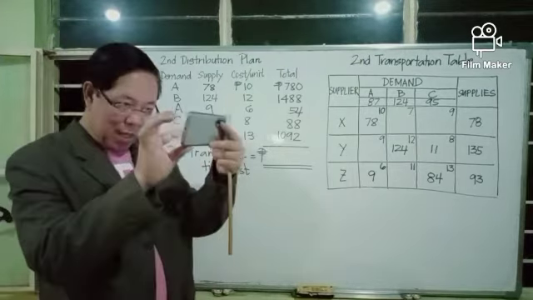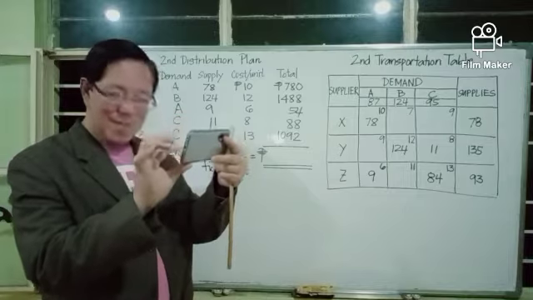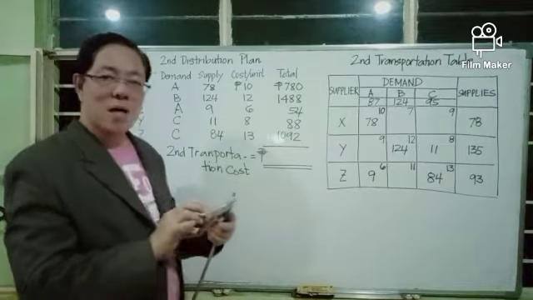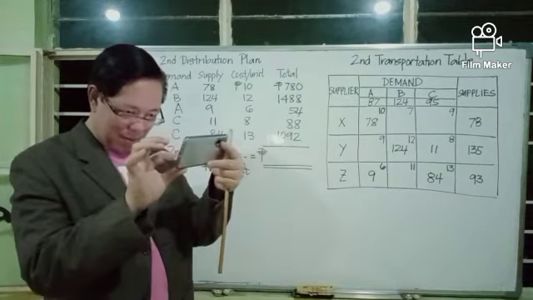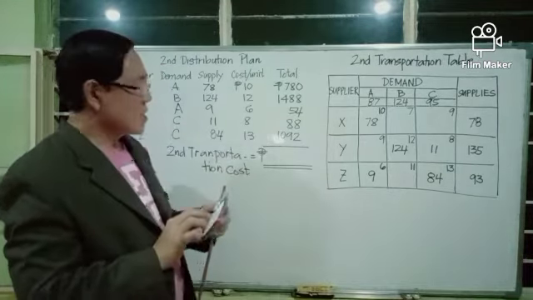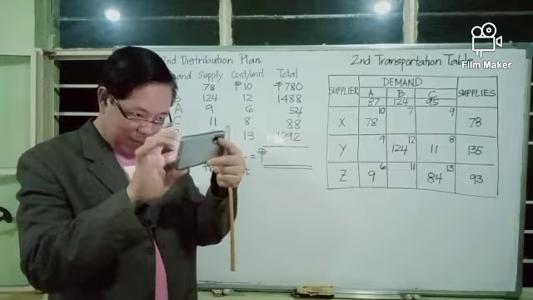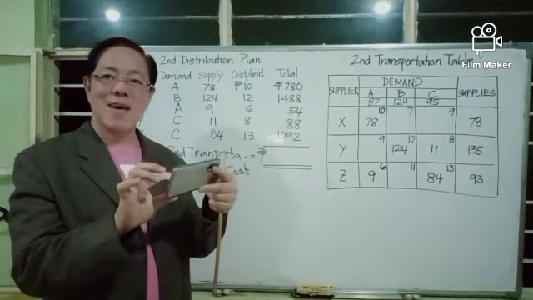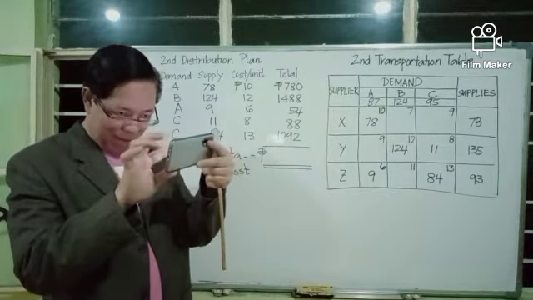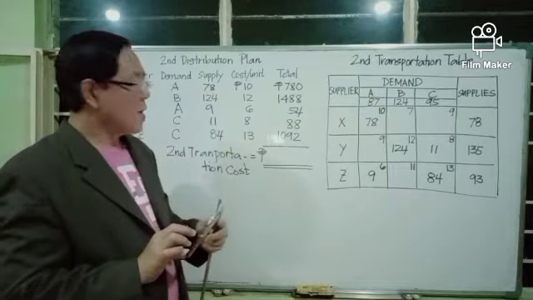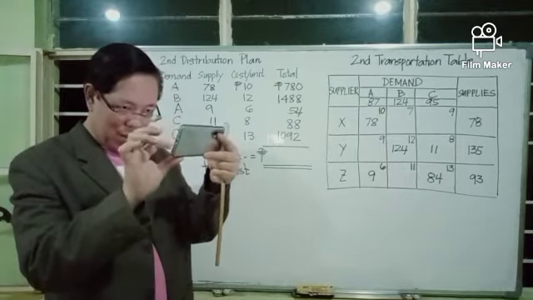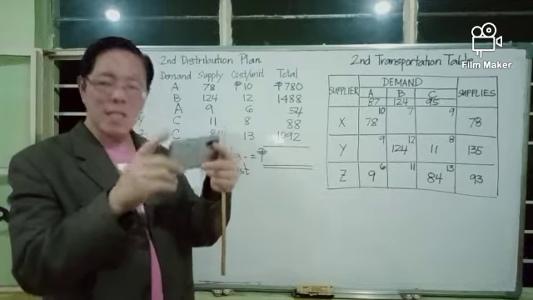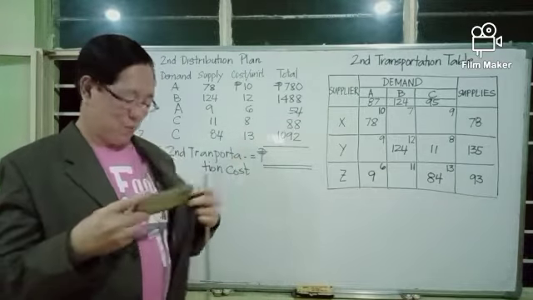We have 780 plus 1,488 plus 54 plus 88 plus 1,092. And the sum is 3,502.